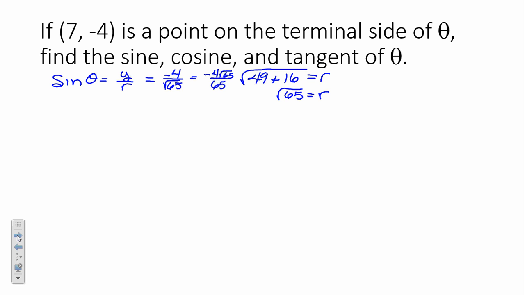The cosecant means simply flip them. So don't flip this guy. Flip this guy. We'll do cosine too, but I'm going to go with cosecant next. And just flip my sign, but flip the intermediate step before you rationalize it. Square root of 65 over -4.